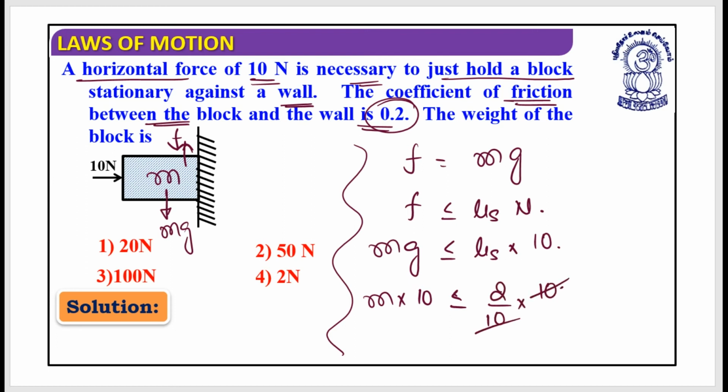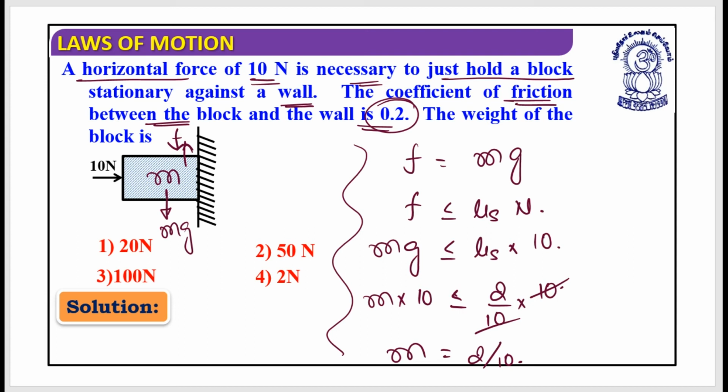This 10 and 10 are gone, and what I can have is that m equals 2 by 10. I hope this is clear.